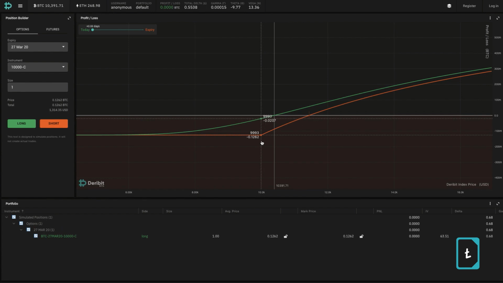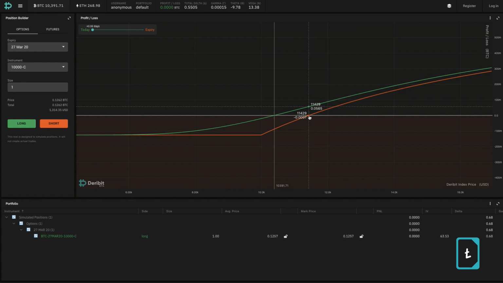Where this comes into play is when Bitcoin is worth more than $10,000. However much more than $10,000 it goes, you will have the right to buy Bitcoin for $10,000, and therefore there's this place in between. Since you paid $1,300 for the contract itself, really Bitcoin needs to be worth $11,400 or so in order to break even, because remember, you're buying a $10,000 Bitcoin, but you paid over $1,300 for the opportunity to make this decision on March 27th, even though today's February 12th.